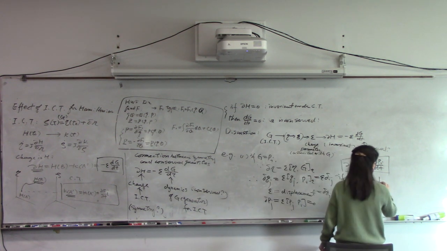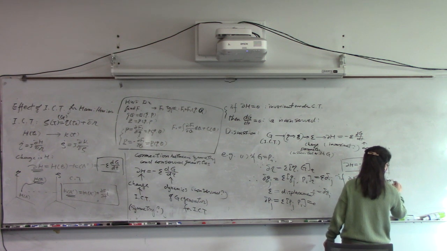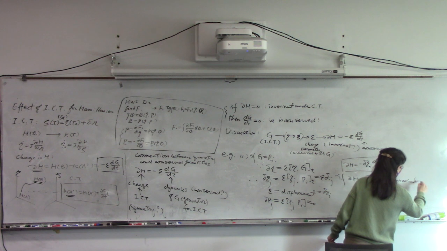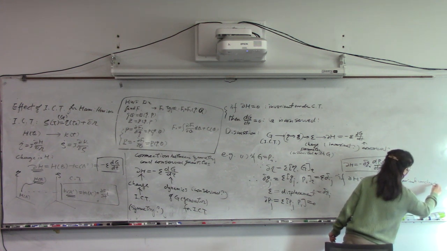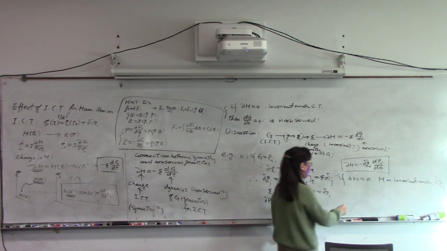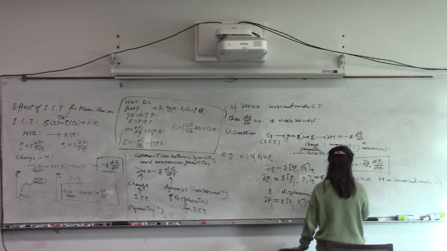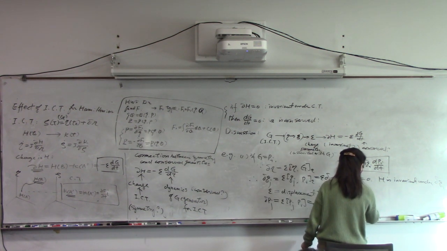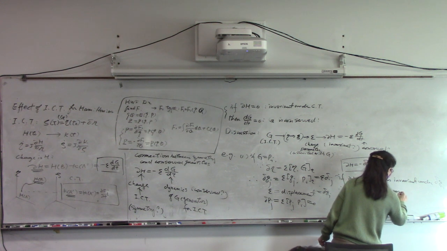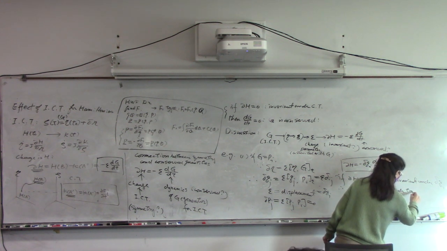That means if the Hamiltonian is invariant under the displacement qi, it is symmetric under translation.